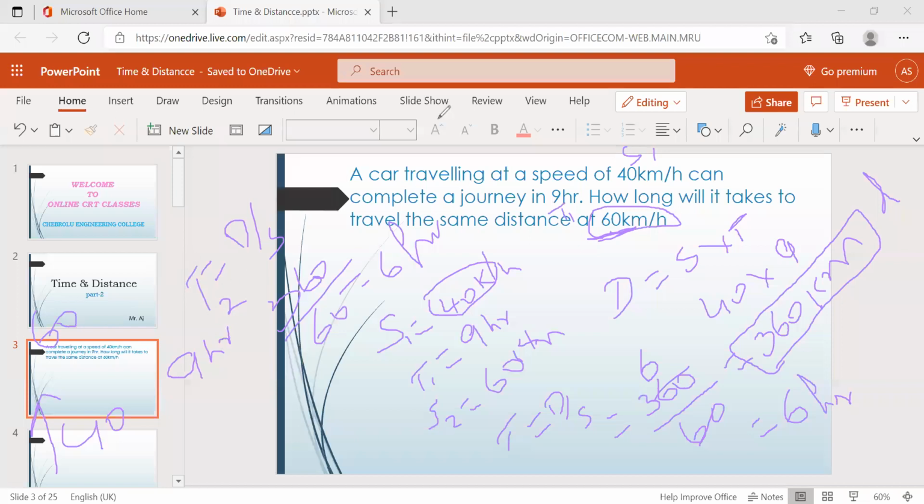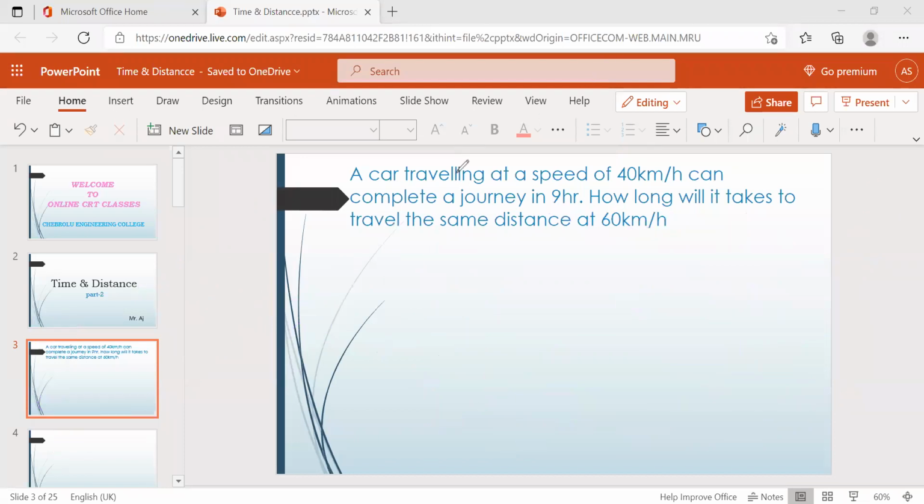Clear? Is it clear? So whenever speed increases, time will decrease. Now I'm going to clear this first of all. Hope you people understand.